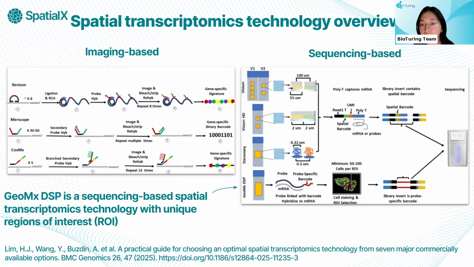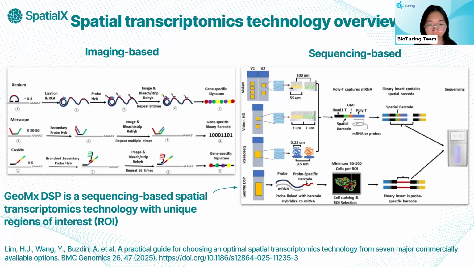On the other hand, you have sequencing-based technologies, which include Visium, Visium HD, StereoSeq, and GeoMx DSP. For sequencing-based technologies, you might not get the single-cell resolution that the imaging-based technologies have. However, these are really good at getting much higher sequencing depth and much larger gene panels, so you're able to analyze and see the expression of many more genes.